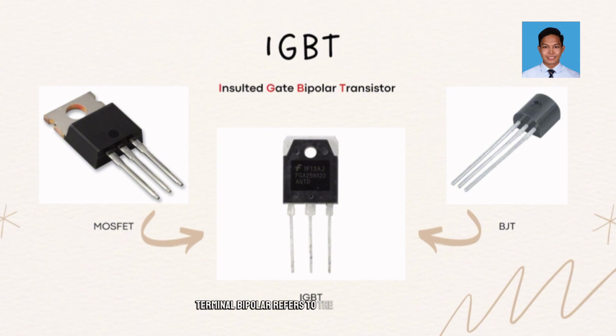Bipolar refers to the output part of BJT having bipolar nature, where the current flow is due to both types of charge carrier. It allows it to handle very large current and voltage using small voltage signals. This hybrid combination makes the IGBT a voltage controlled device.